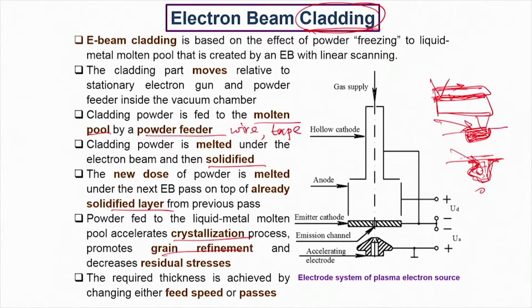In the process, you also see a lot of grain refinement and creation of certain residual stresses. Now, this is something which one needs to be worried about, because in any fusion process, we all are aware that generally the residual stress is tensile in nature. So, on the surface, be it welding or surface engineering, if you generate residual tensile stress, then this is not so good news, because if you form a crack by some means, there will be an easy chance of opening of the crack and leading to failure.